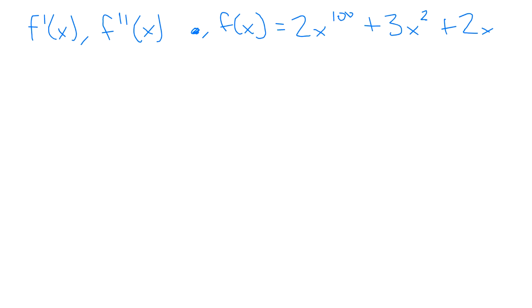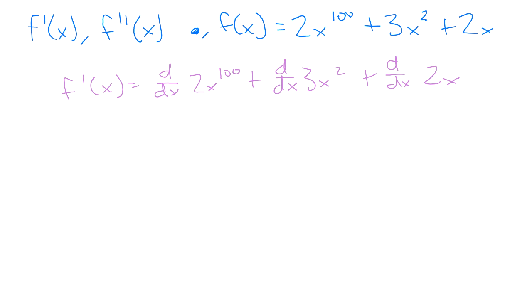So for our f prime of x, let's take our derivatives and apply our rules. We're taking the derivative of 2x to the 100 plus the derivative of 3x squared plus the derivative of 2x.